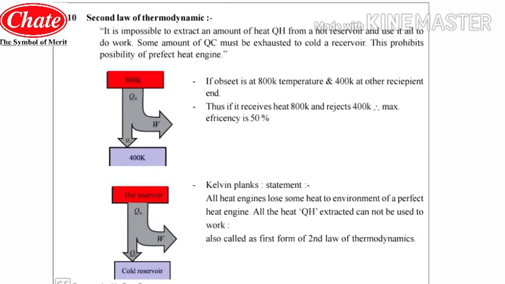Now students, we will understand by the diagram. We can see in the diagram one reservoir which is a hot reservoir at 800 Kelvin, and another reservoir at 400 Kelvin.